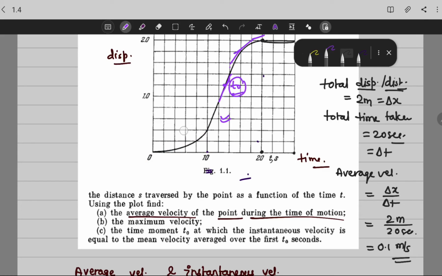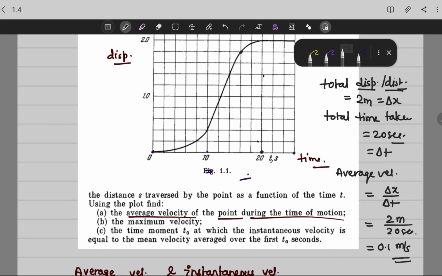Okay, so let us see one or two points more. For example, if we take this particular point, this is the instantaneous velocity, and for average velocity we'll draw the line between these two points. We can clearly see that the slope of this line and this line are not the same. So now move on to the next point.